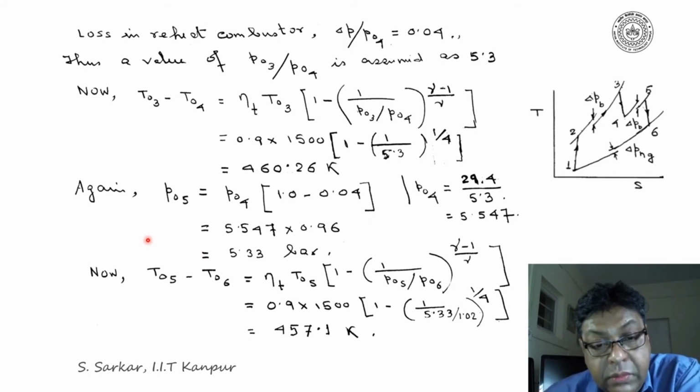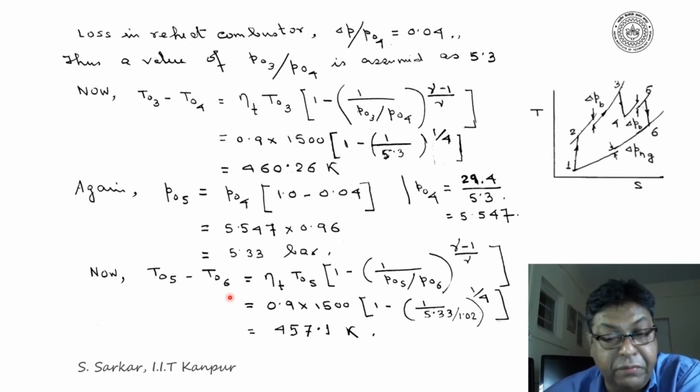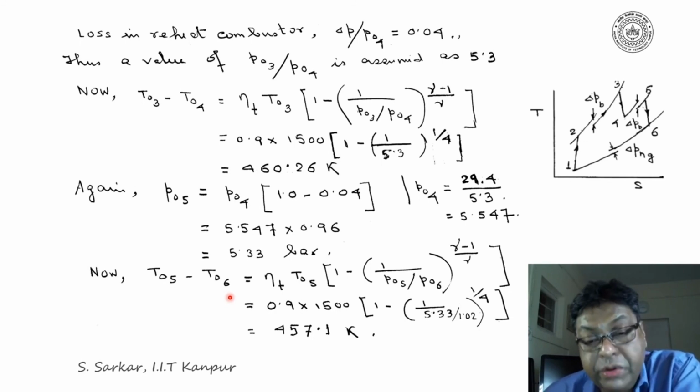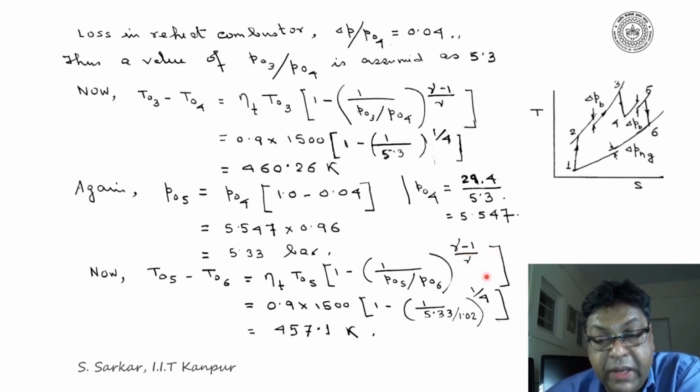Now, T05 minus T06, that is temperature drop in LPT, is equal to eta T into T05 within bracket 1 minus, within bracket 1 divided by T05 by T06 to the power gamma minus 1 by gamma. Here eta T is equal to 0.9, T05 is 1500.